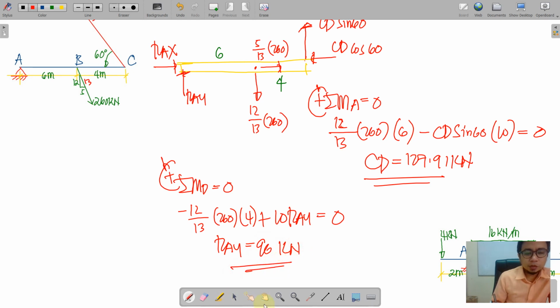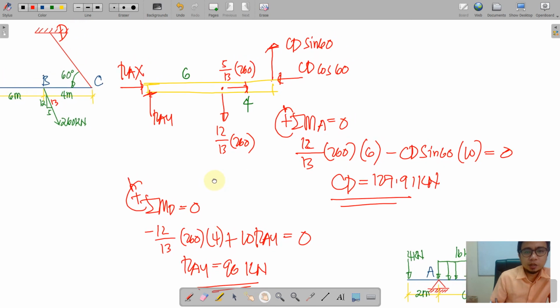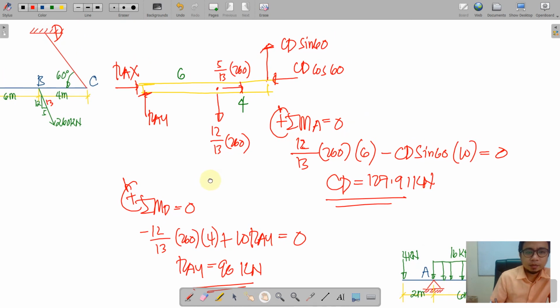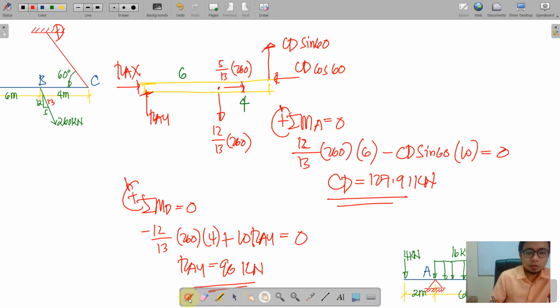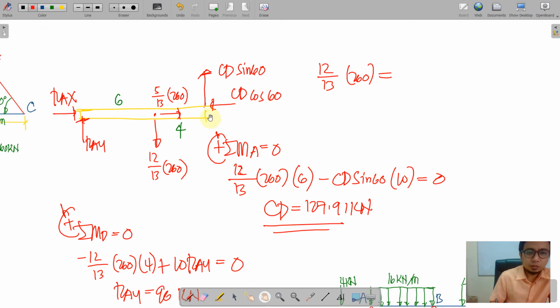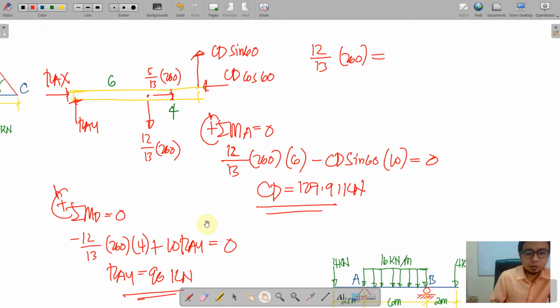So before we proceed, let us check our vertical forces. So first we have downward force equivalent to 12 over 13 of 260. So this shall be equated to the upward force we have obtained, that is 96, and the other one is CD sine of 60.